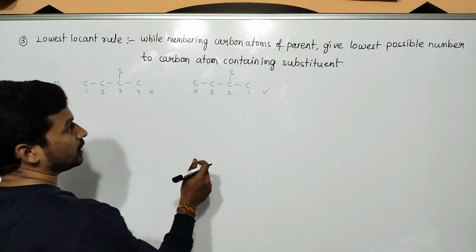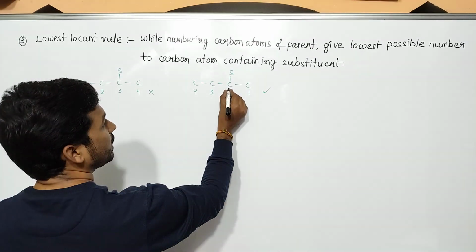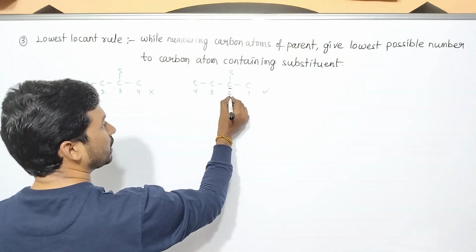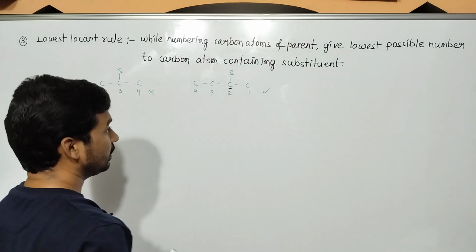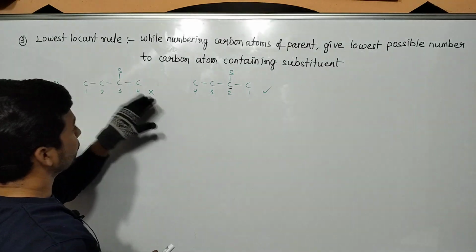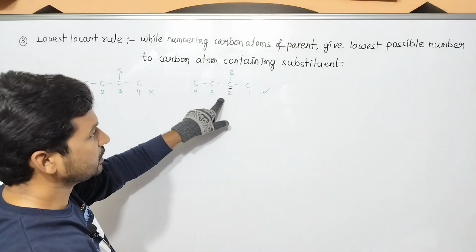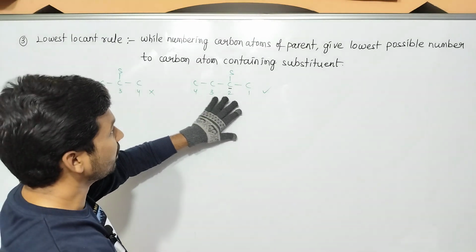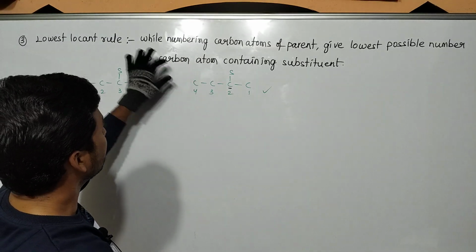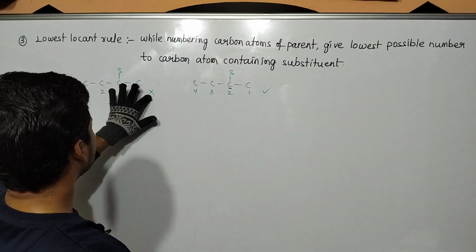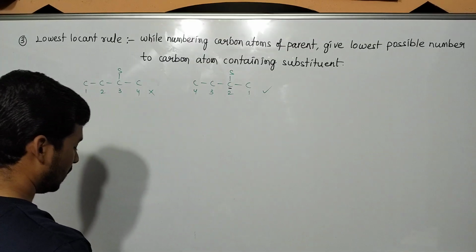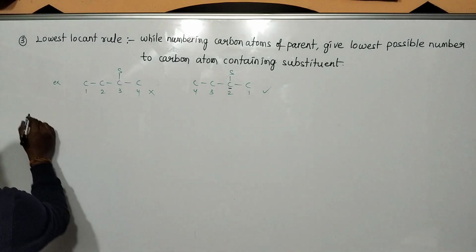Why is the second one correct? Because the substituted carbon gets number 2, whereas in the first the substituted carbon gets number 3. That's why this rule is followed by the second type of numbering. The first type of numbering omits this rule. That's why this is wrong. Okay. Next, the fourth one.